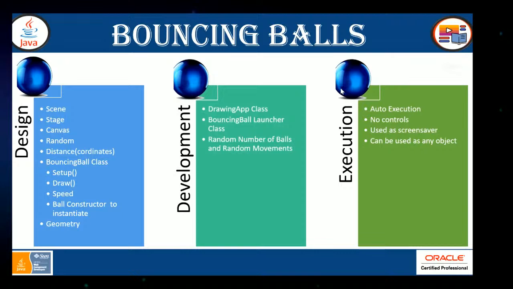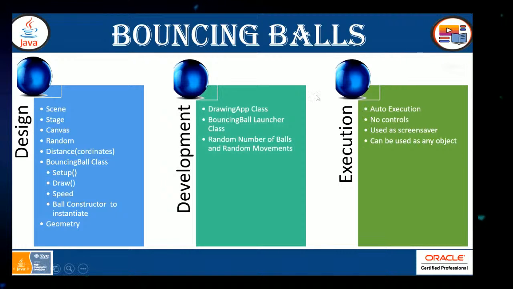Distance. Now when it comes to the bouncing balls or any kind of animation, we need to work with the coordinates. We have seen graphs like the x-axis and the y-axis, and those coordinates help you to locate and position any specific object you have chosen in your canvas.